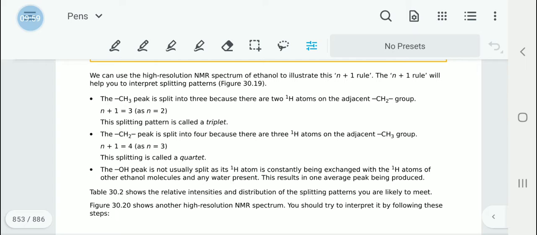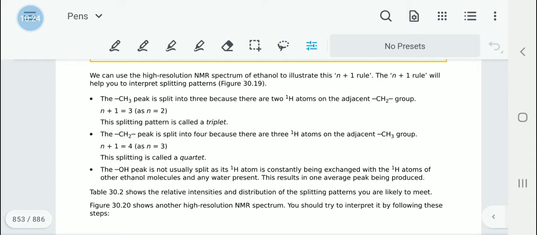Now when you come to CH3, it splits into 3 because the adjacent carbon atom, that is CH2, is joined to only 2 hydrogens. So we get n plus 1 equals 3 because n equals 2. So this is a triplet separation.